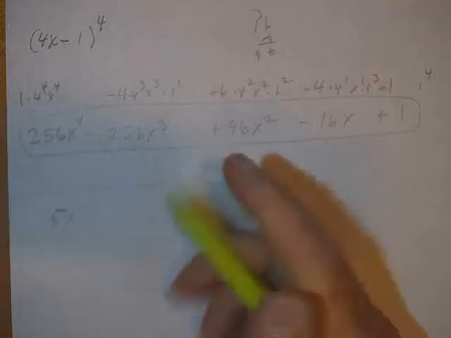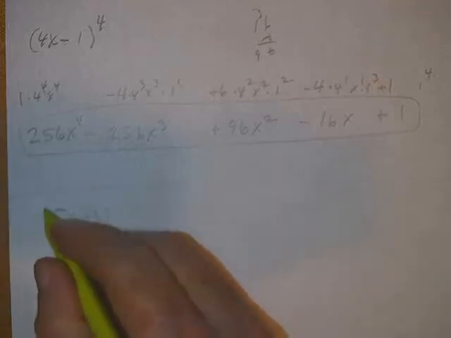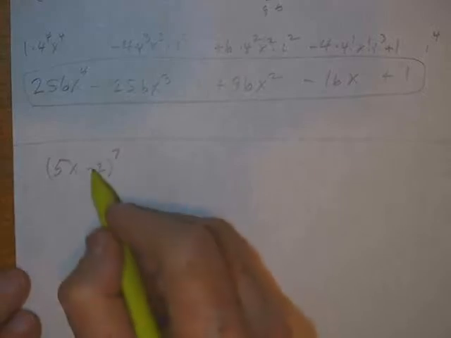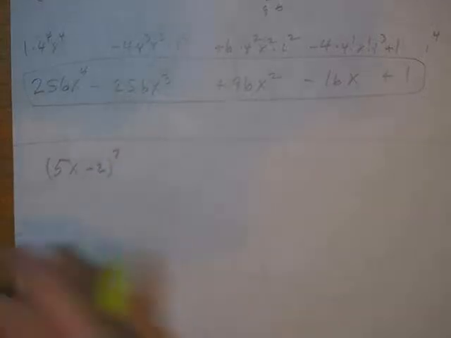Let's keep doing minus. Let's do minus 2. And we haven't done the 7th power. Oh my goodness gracious. So let's see what happens on this one. Okay, well, I need the 7th row of Pascal. Here it is right here.